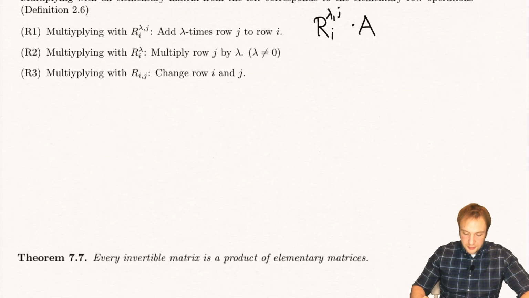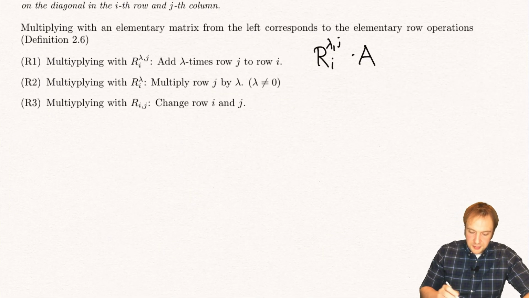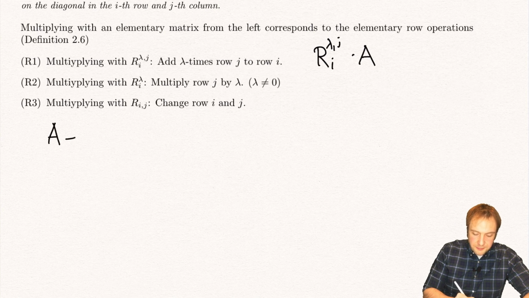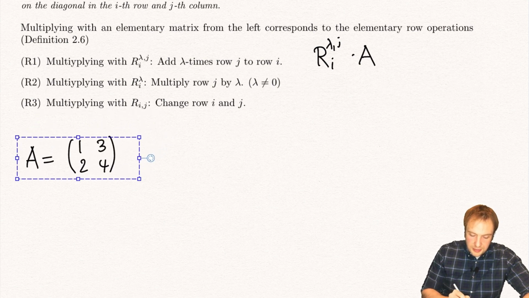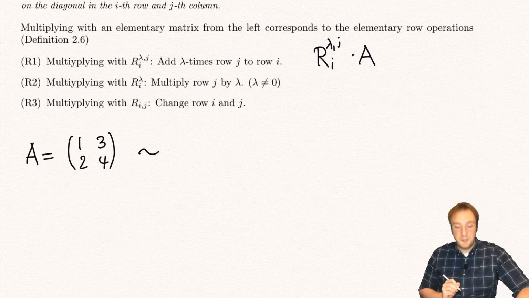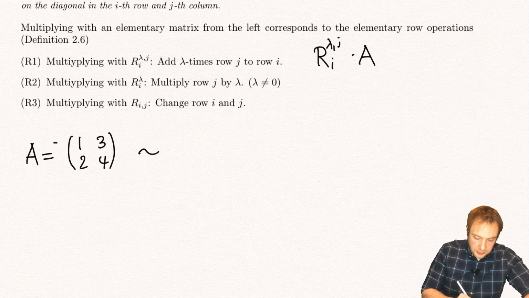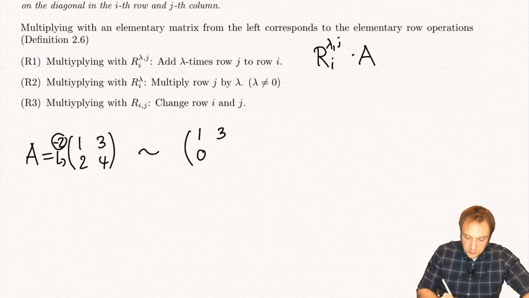So let's start again with our matrix A, which in our example was the matrix 1, 3, 2, 4. And the first operation we did to this matrix was that we subtract the first row twice from the second, and then we got the matrix 1, 3, 0, minus 2.